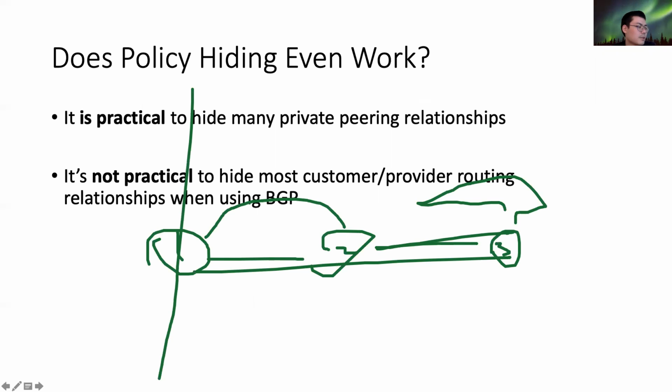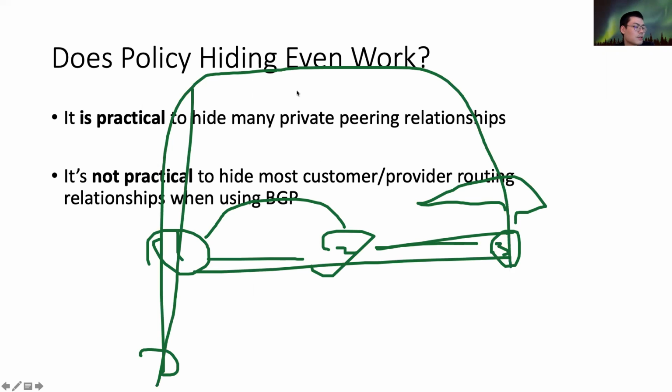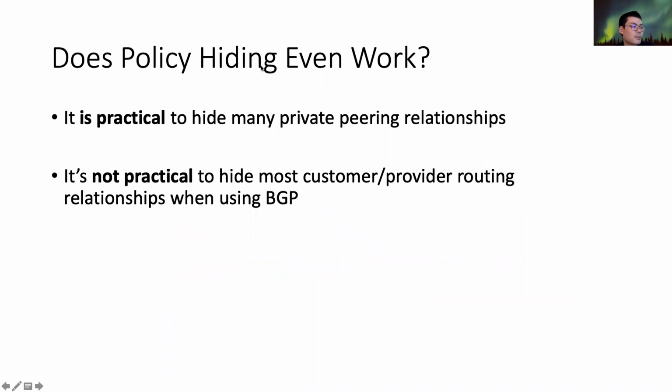But for the vertical links, you don't hide information, because you reach there and all the way to here. So for your provider, the customer-provider link, the other guy will know it anyway, so there's no privacy that can be protected. It's not practical to hide the customer-provider routes, but it's practical to hide the private peering relationships.